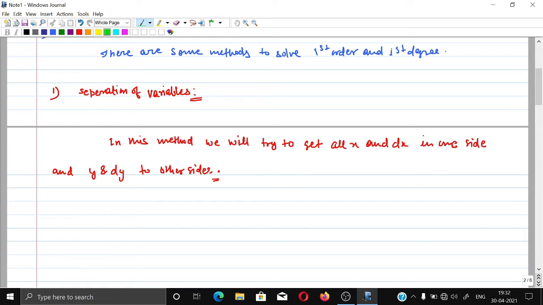So by this method we can separate variables.